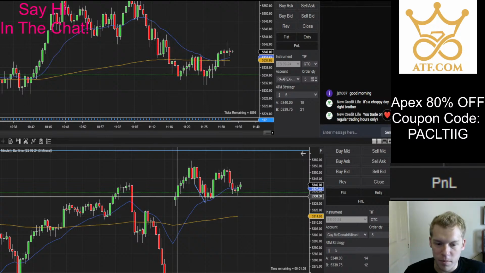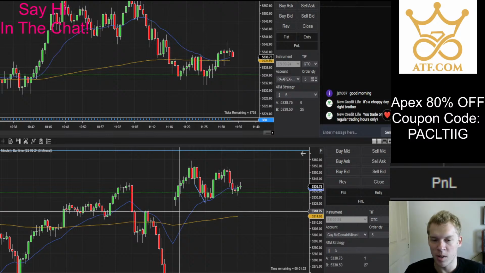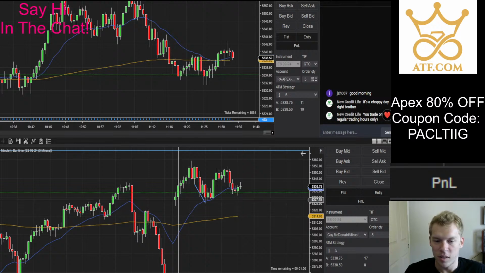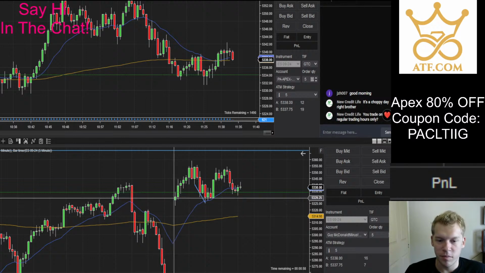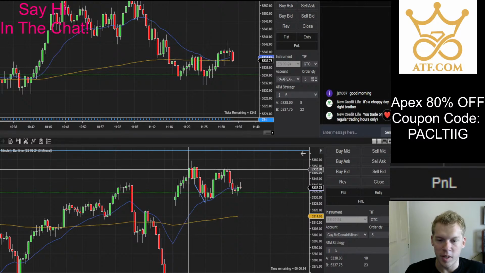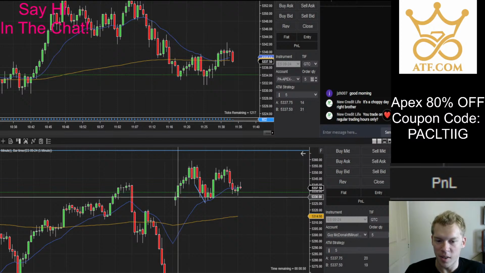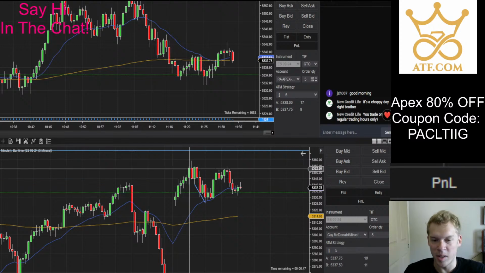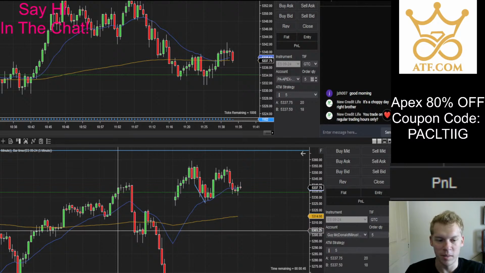Like, I know that 50% of the time, any move on the open reverses, no matter how strong it is. So we've got 6 bars up here, but it doesn't matter that they're up like that. 50% of the time, that move's going to reverse down.